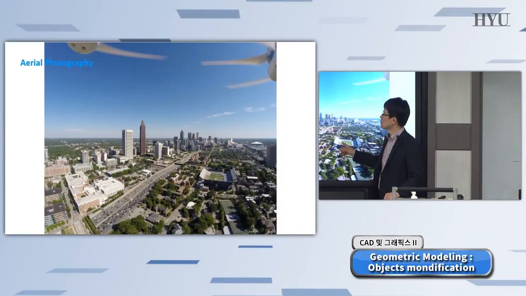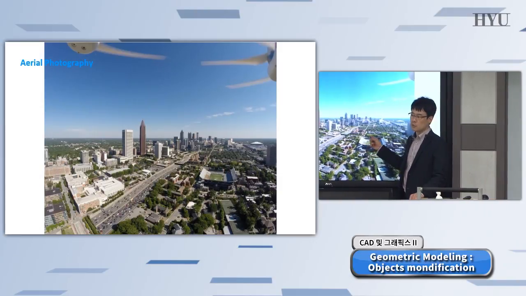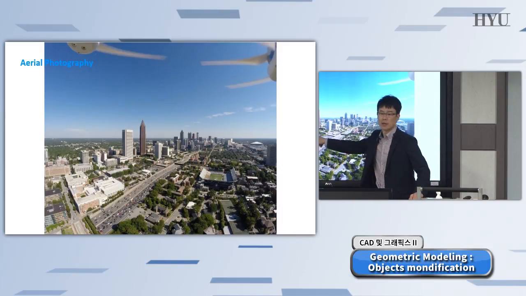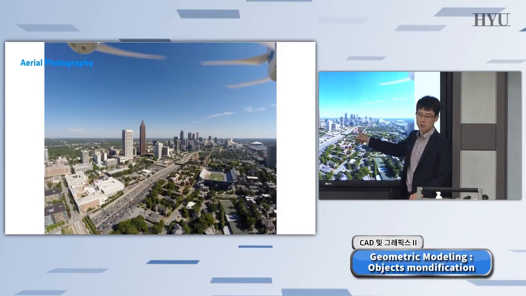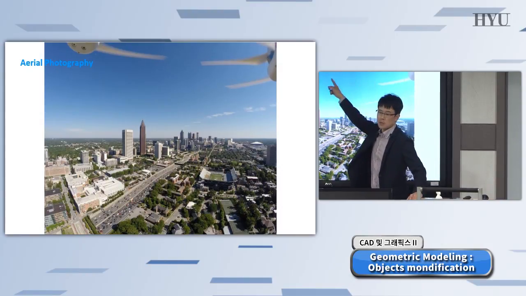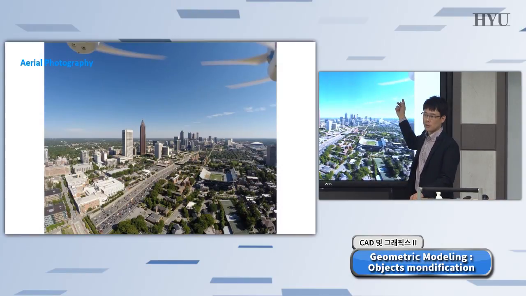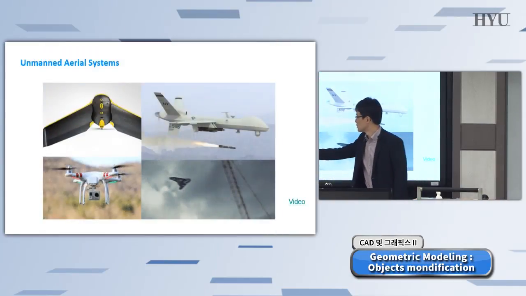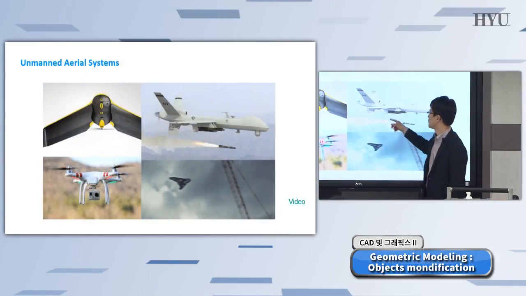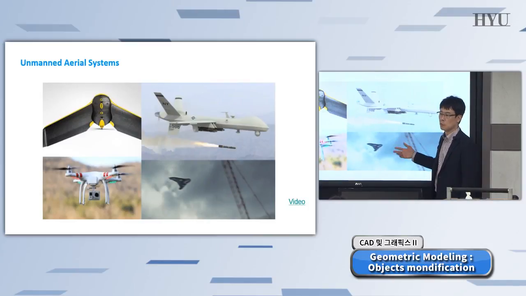How about this? This is aerial photography. Which one took this picture? This is actually the Georgia Tech campus, and this is Atlanta, the Midtown and downtown area, okay? As you see, this is a drone, okay? This drone, not the drones for war.